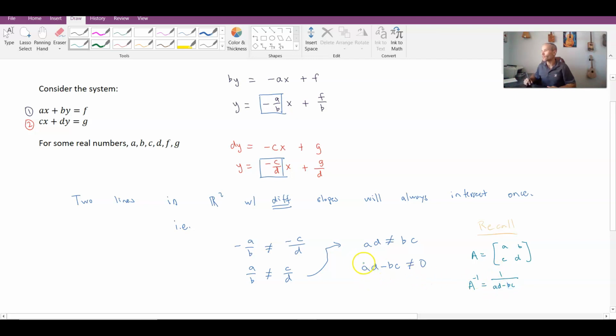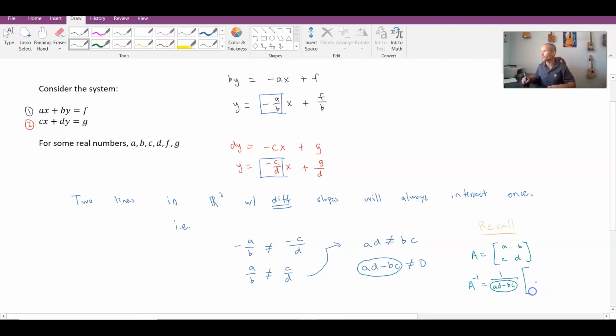And you notice that this and the denominator are exactly the same. And we can see why it's important that AD minus BC is not equal to 0, because if it is, the inverse is not going to exist. So this AD minus BC actually turns out to be something called the determinant of this matrix, which we'll get into a little bit later.